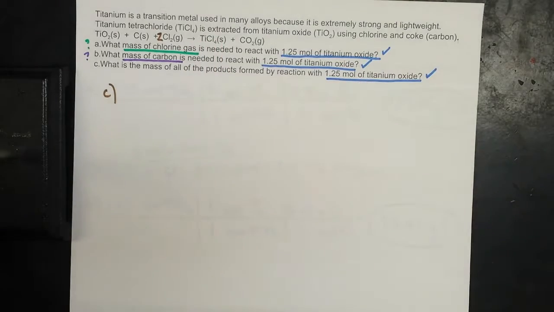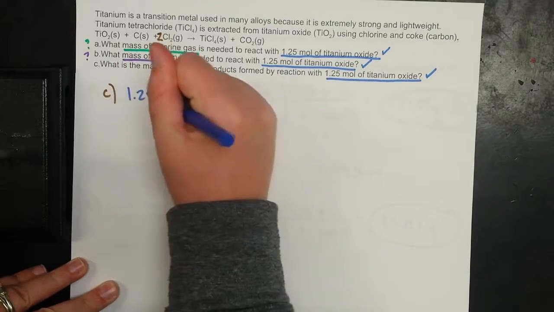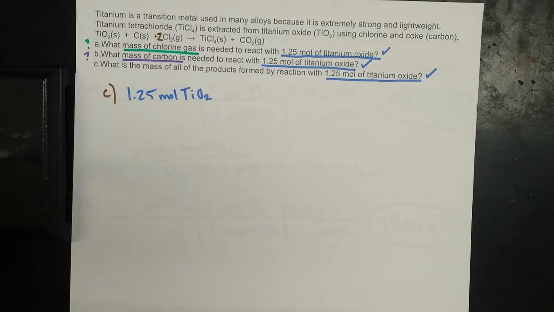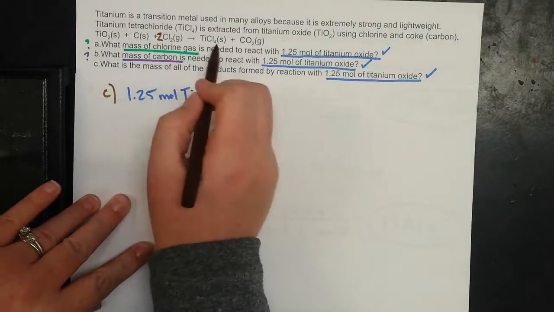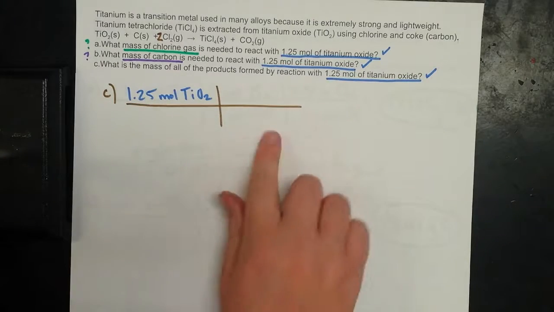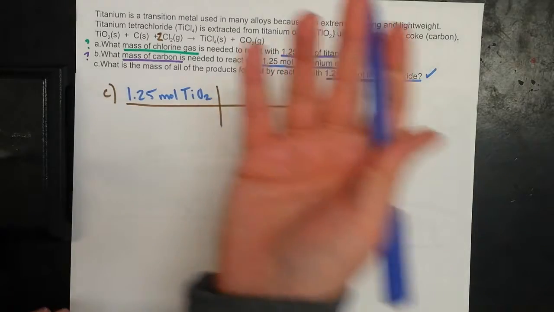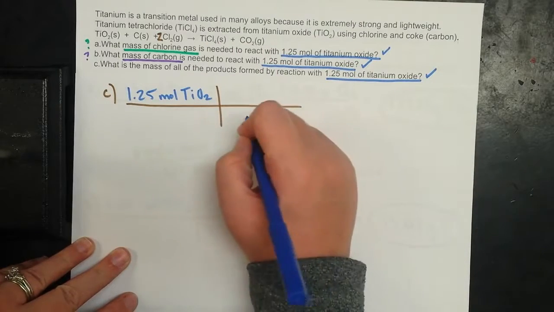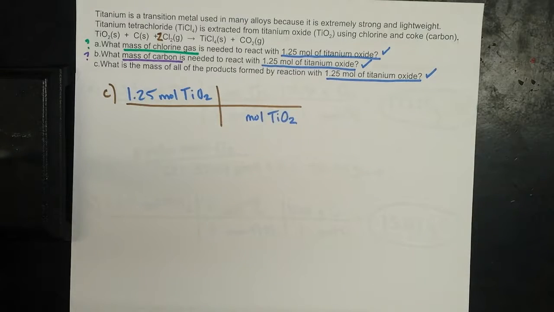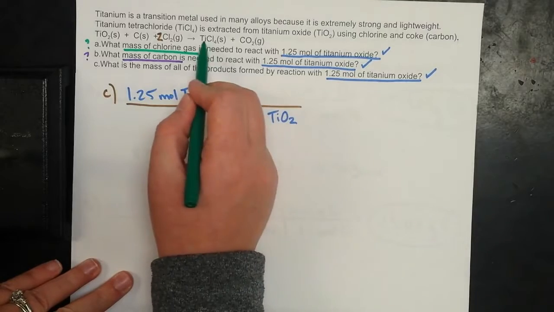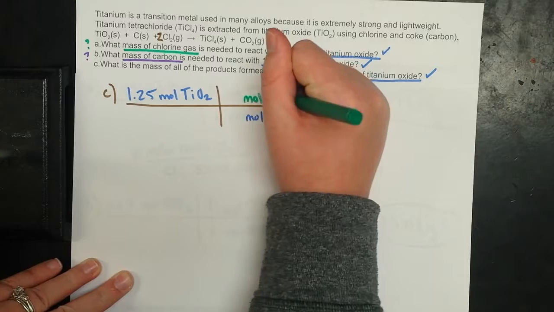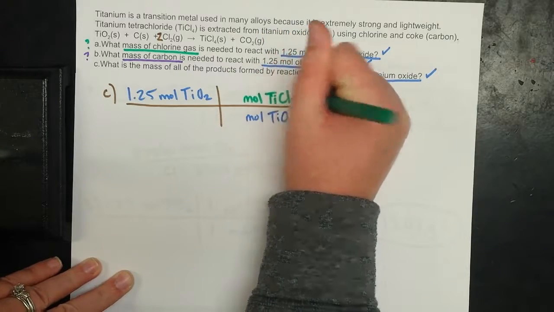So I'm going to take what I know, 1.25 moles of titanium oxide. I want to convert out of titanium oxide and into, in this case, titanium chloride, titanium tetrachloride. Here I'm going to put the moles of titanium oxide on the denominator. I'm going to put the moles of titanium tetrachloride on top, or in the numerator, because I can use my mole ratio.